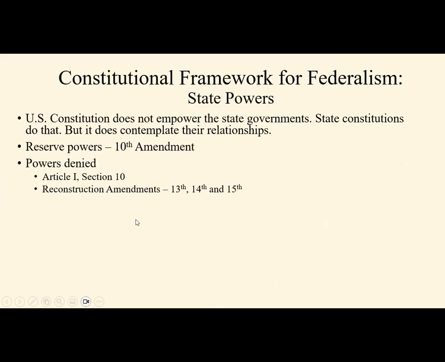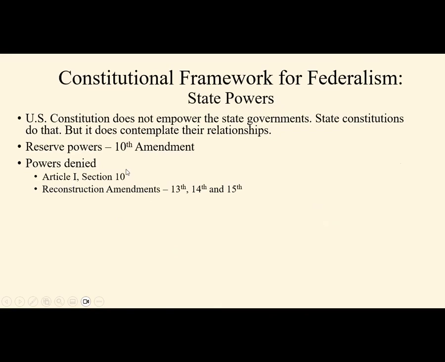And then last, the Reconstruction Amendments also limit state government power. Those amendments were passed after the Civil War, the 13th, 14th, and 15th Amendments, and they were intended to protect the liberties of former slaves and African Americans.